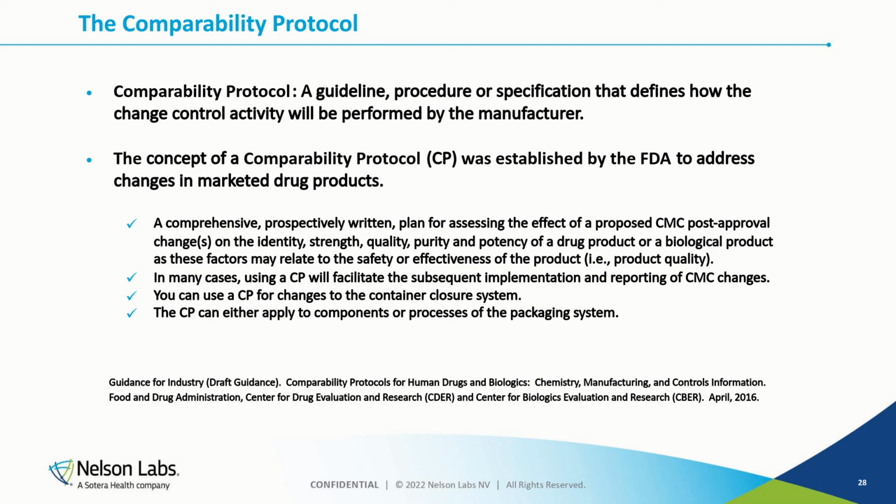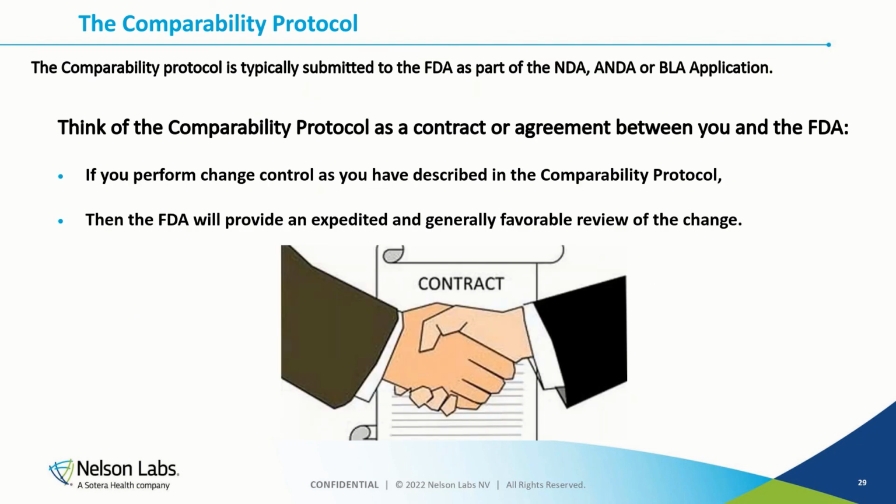Generally speaking, comparability protocols were developed to manage changes to the actual drug product. But there is language in the comparability protocol draft guidance that speaks to the utilization of comparability protocols to manage changes to packaging, and specifically to the components used in packaging or the processes by which packaging systems are changed.